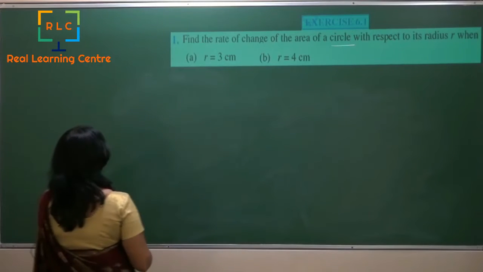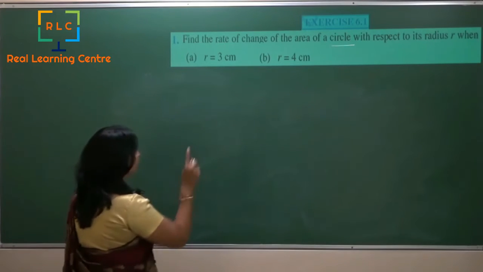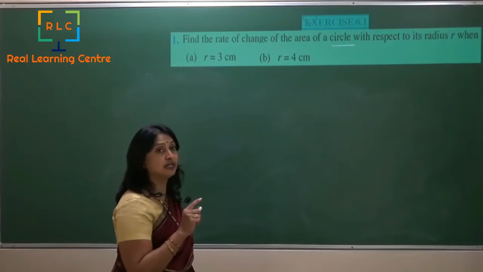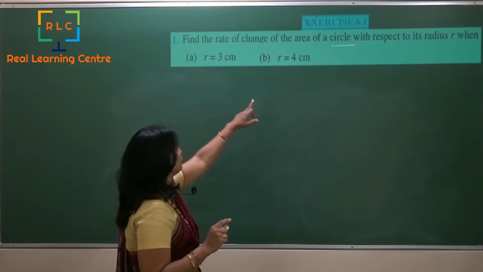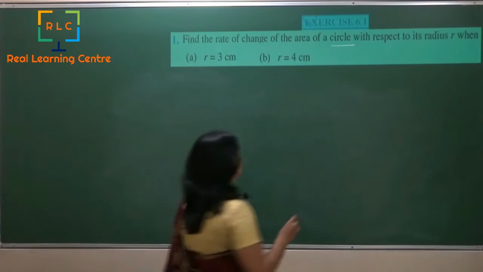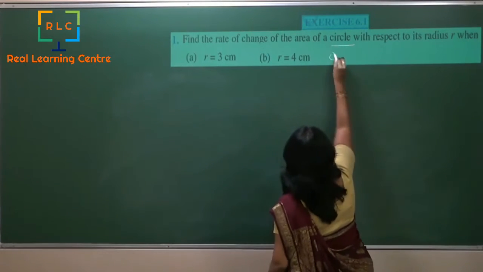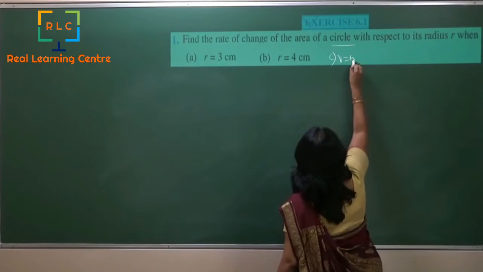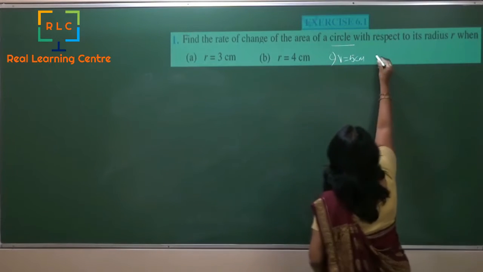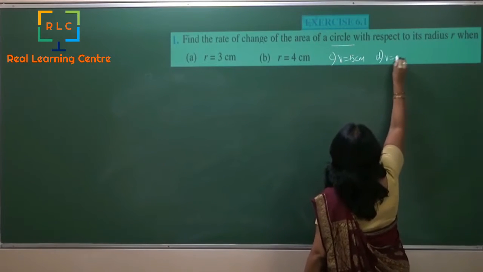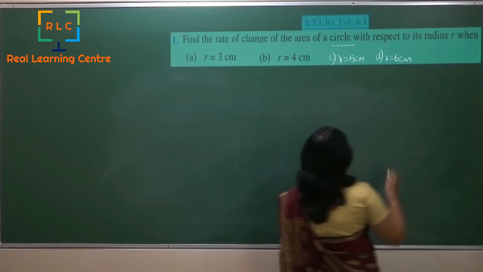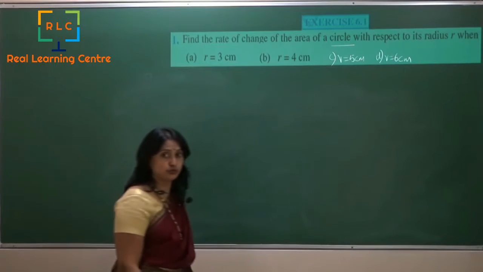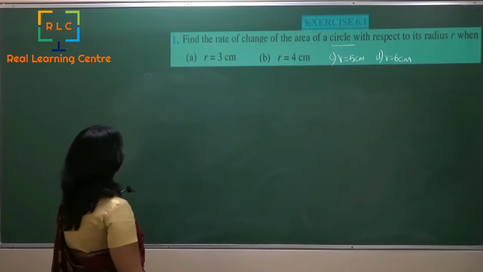So let us come back now. I will come to this question here. This kind of question they have given with r equal to 3 centimeter, 4 centimeter in the exercise. Other than that, there is one worked example where they say r is equal to 5 centimeter, and there is one objective where they say r is equal to 6 centimeter. So I shall do for any two numbers, the rest two you do by yourself. Let us start now.